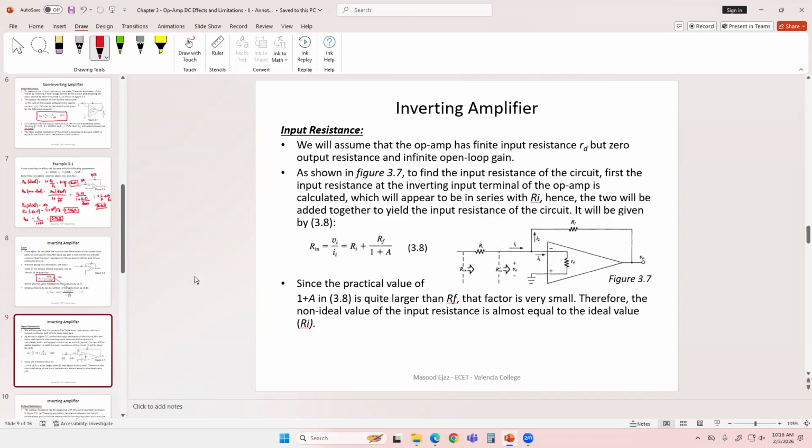Let's say RF is 20K, so 20,000 over 200,000 is going to be 0.1. So if you add 0.1 into the input resistance, it's still going to be pretty much the same, right?